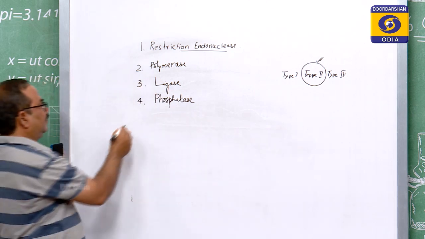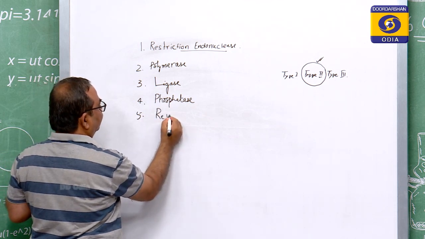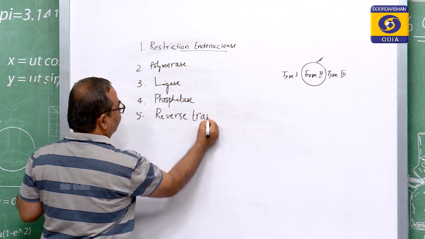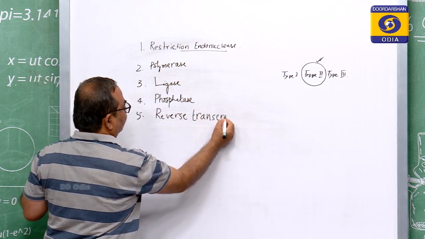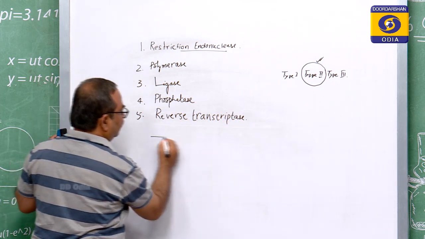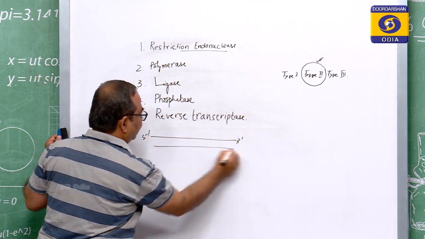Then there is the one, reverse transcriptase. Reverse transcriptase has revolutionized the science of molecular biology. So, this brings about reverse transcription. So, suppose this is the DNA molecule.